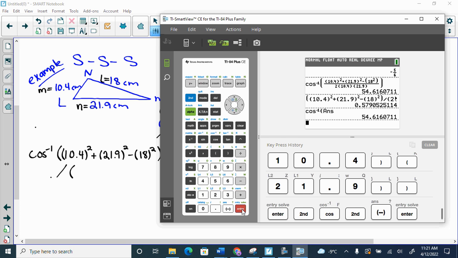And I get the same answer, 54.616. So if you're using the old calculators, top has to be in brackets, bottom has to be in brackets, numerator in brackets, denominator in brackets. That's the only way your calculator knows that it is a fraction. Not working? Right off error domain.